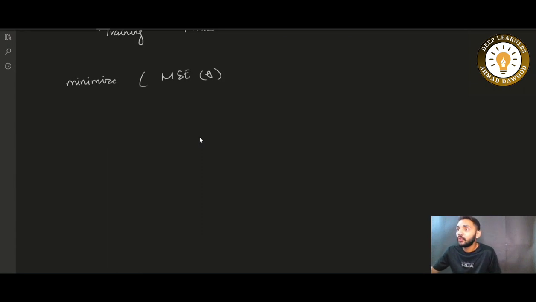Now what we will do is add some penalty to this function. Previously you had your cost function, the mean square error. Now you will add some penalty to your mean square error, so instead of just mean square error, you will have a function which is mean square error plus some penalty.